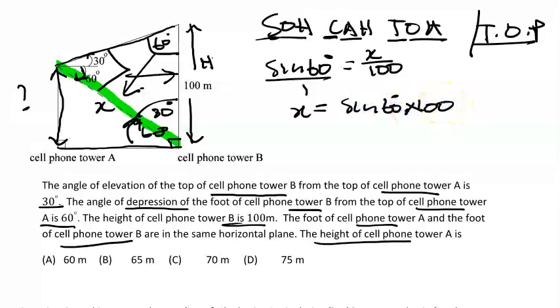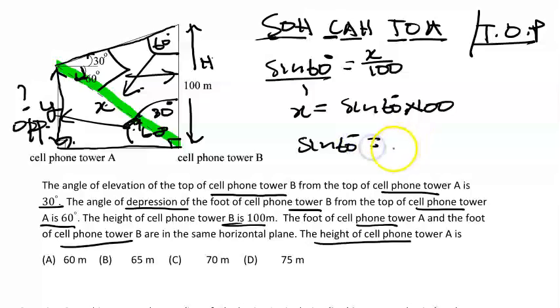So you've got X. But now let's look at this right angle triangle here. Let's call the side Y. Here you want to find this side, so that will be your opposite side, and X now is your hypotenuse. Once again, sine is opposite over hypotenuse. You can say sine of 60 equals the opposite side, which is Y, over X. If you want, you can make X the subject of your equation.